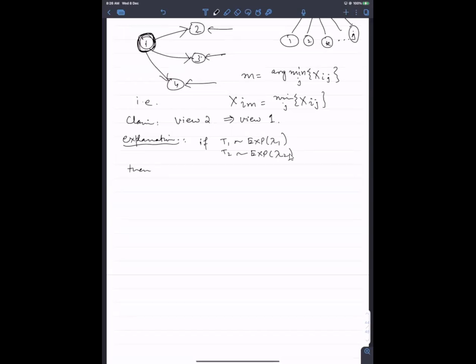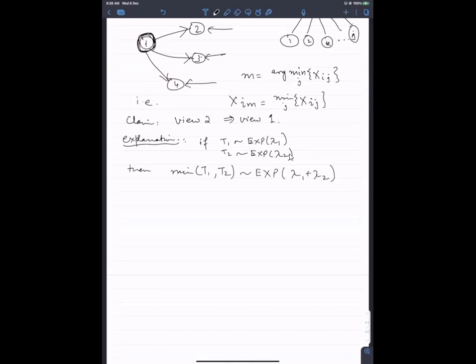then we can easily show that min of T1, T2, इन दोनों में से जो छोटा होगा वो भी एक एक्सपोनेंशियल होगा. वो भी ये हमने कहीं बहुत टाइम पहले किसी होमवर्क में भी शो किया था, with parameter lambda 1 plus lambda 2.